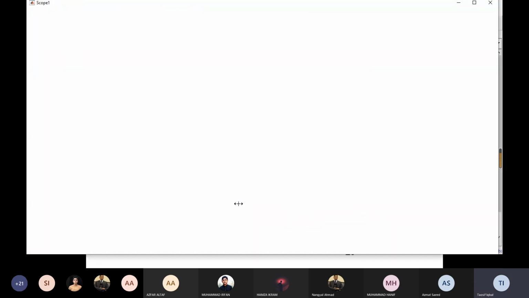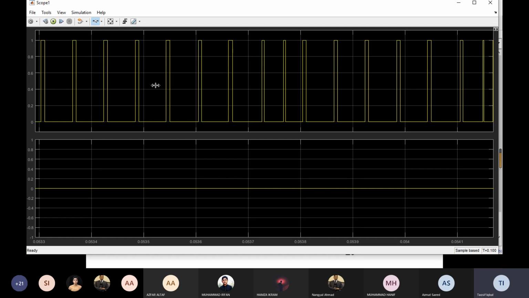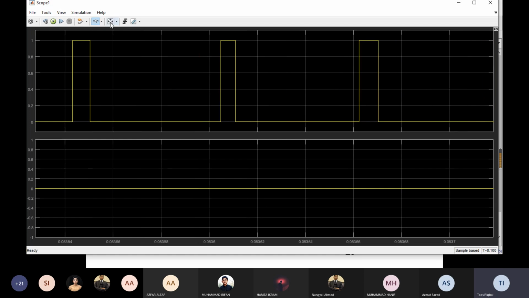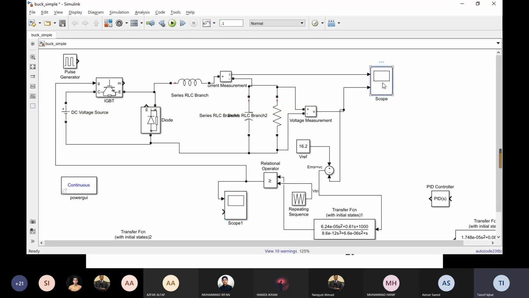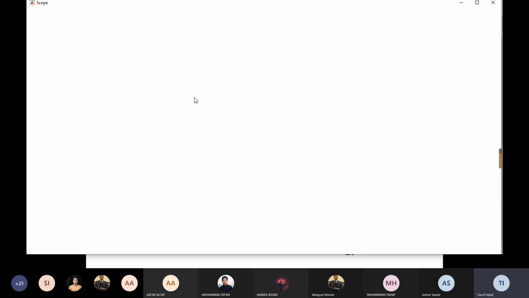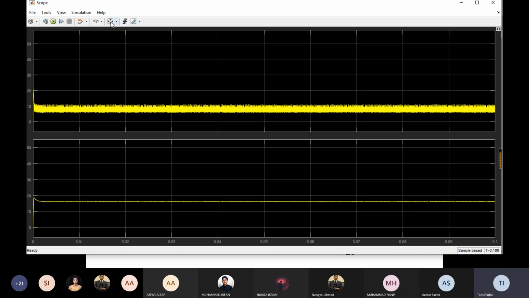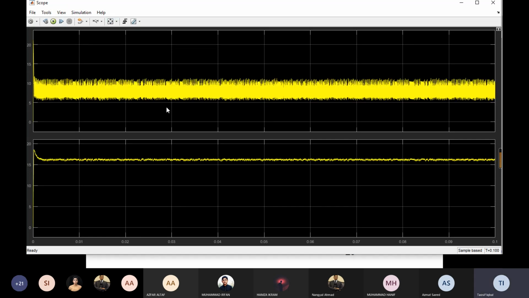So PWM I have already showed you, based on the error and the PWM and the triangular wave. Now let's look at the output voltage, whether it is stable or not.